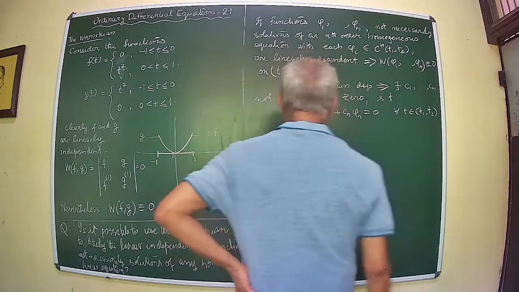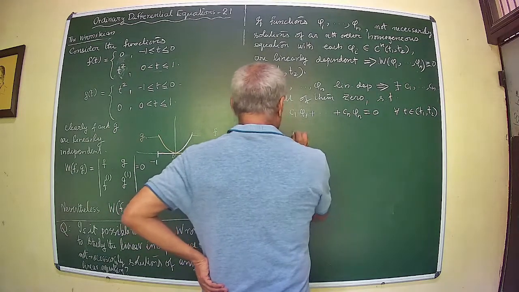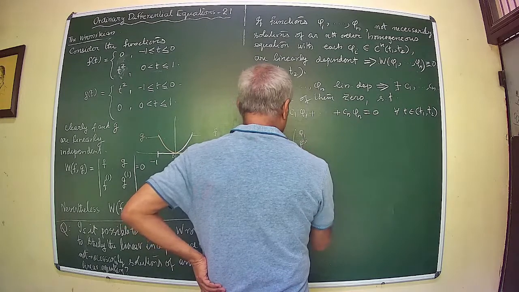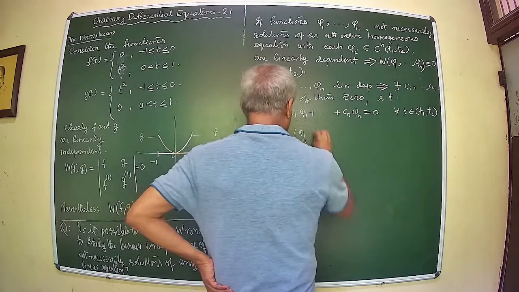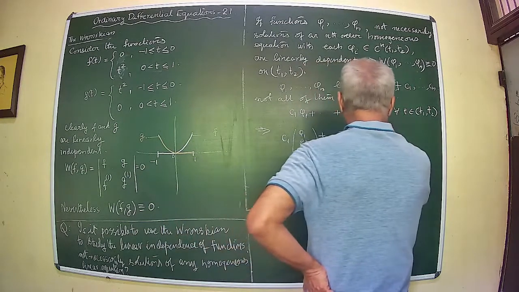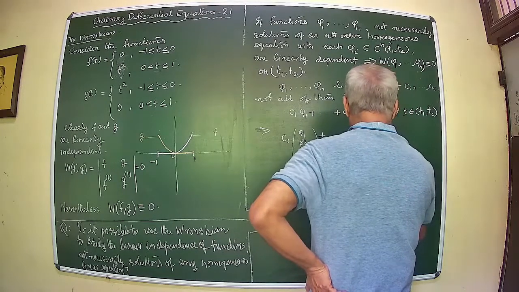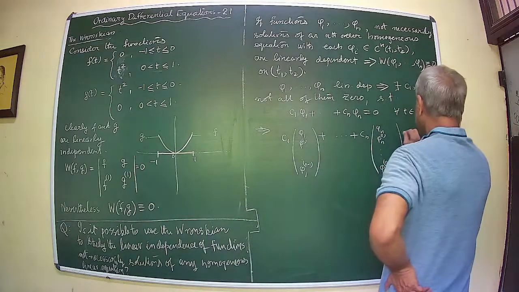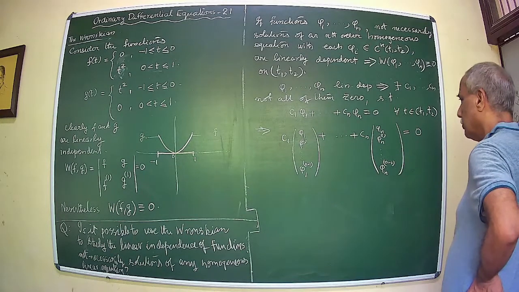Differentiating it n minus 1 times is equal to 0 for some t.